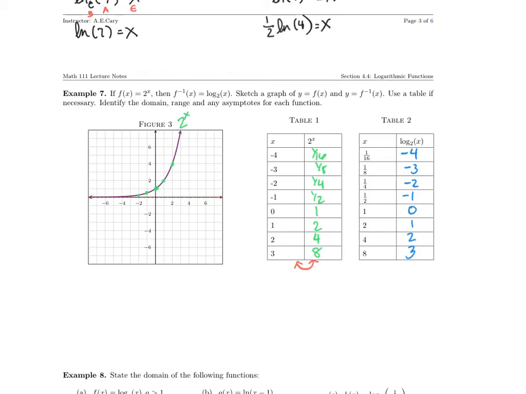So if that's true and we graph all of these points, it should look like a reflection over the line y is equal to x.